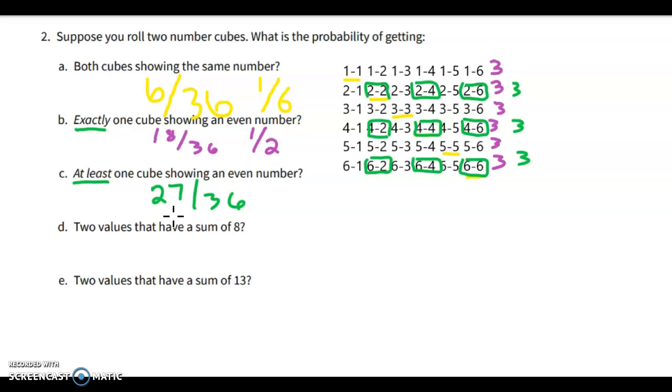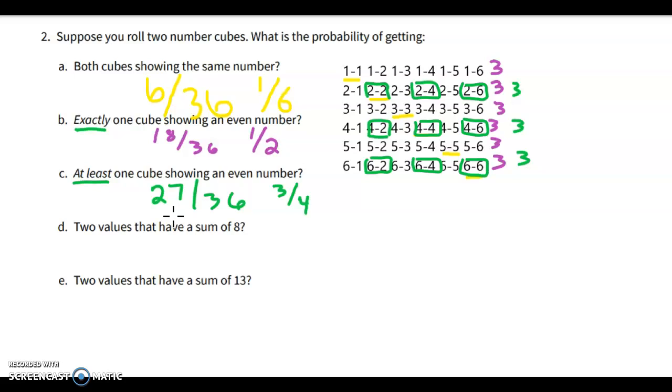I believe the number 9 is the biggest number that goes into here, and 27 divided by 9 is 3, and 36 divided by 9 is 4. So this is a pretty likely chance. It's higher than this chance, right? This is 75% chance, whereas this was 50% chance.